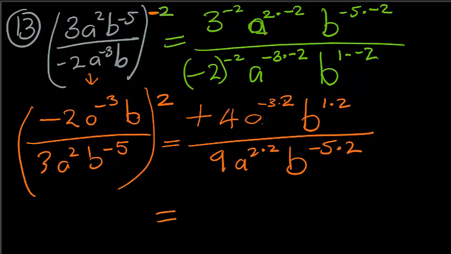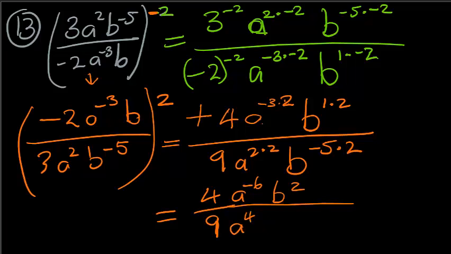Okay, so let's simplify. We've got 4 over 9, numerator a^-6 b^2 over a^4 b^-10.